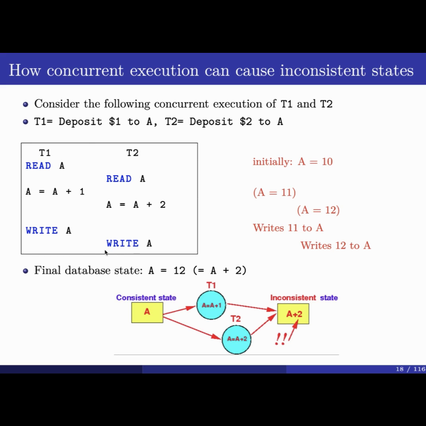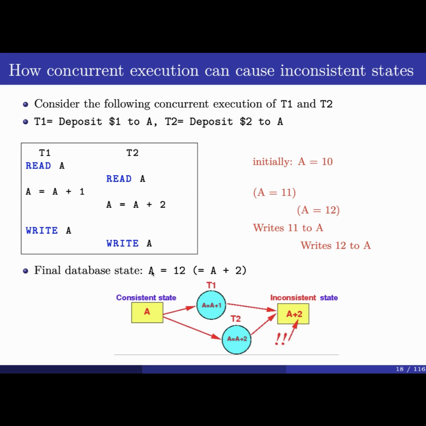Which one is going to write the data first? For example, assume T1 writes the current value, so A is going to equal 11. Then transaction 2 is going to update the value of A after the first transaction, overriding the current value of A with the write of 12.